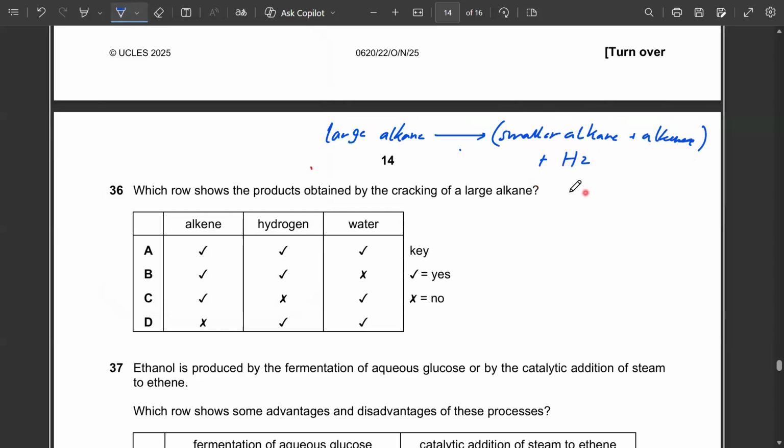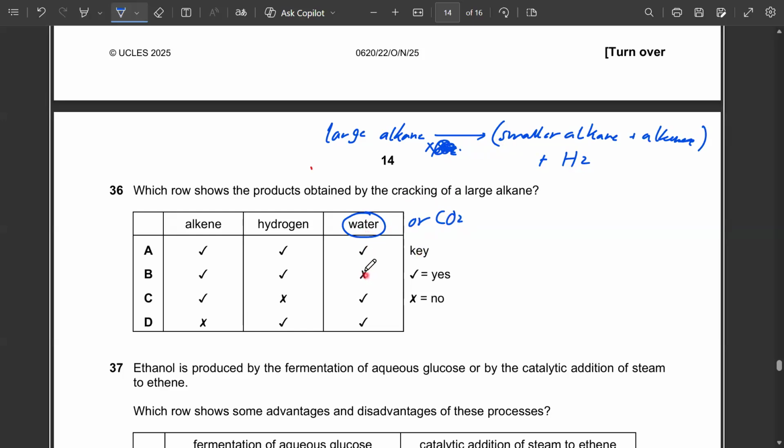But definitely there is no water, because you are not reacting with O2 to make water, and you are not making carbon dioxide. The reaction is done in the absence of oxygen, so you cannot have water or carbon dioxide formed by cracking.